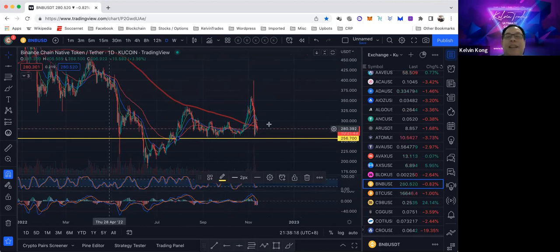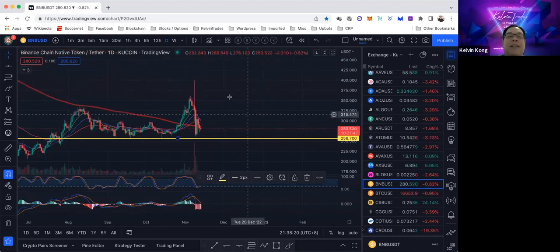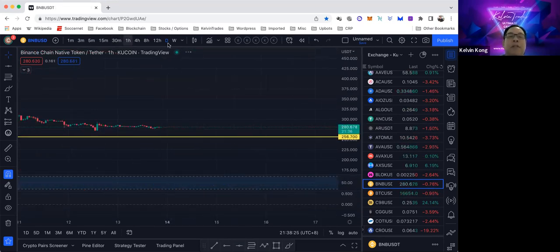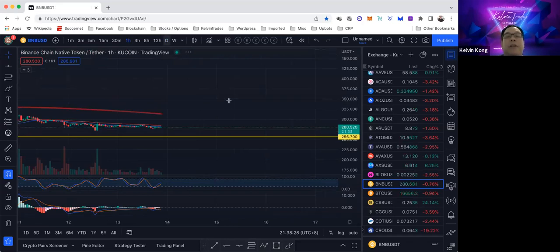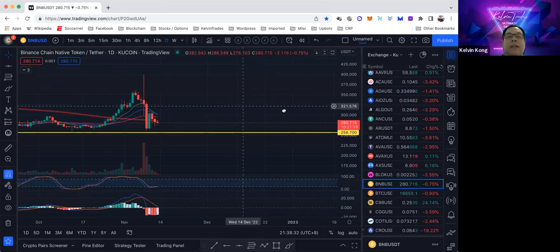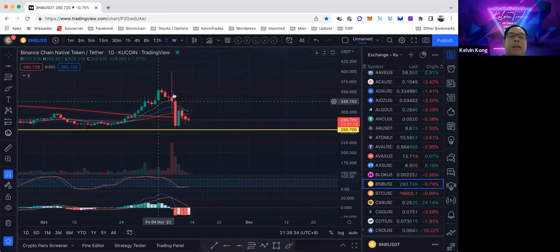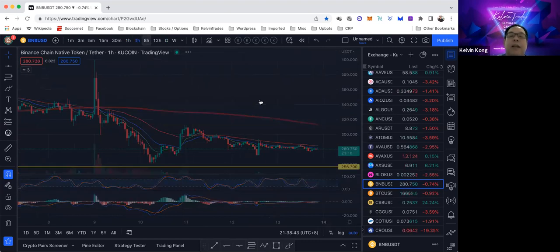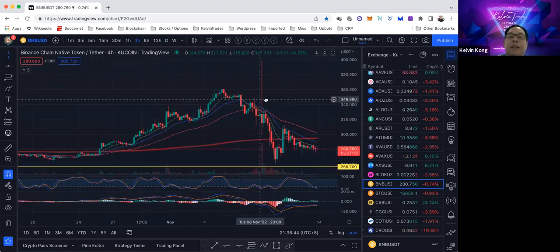Okay. On the 1 day chart, it's difficult to draw a trend line. You can draw a trend line on a 1 day chart also, but it's a bit difficult. Not a lot of candles to draw. So we go to a lower time frame to draw the trend line. Very easy.